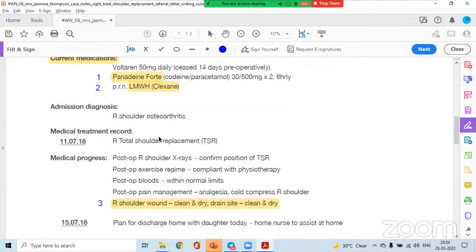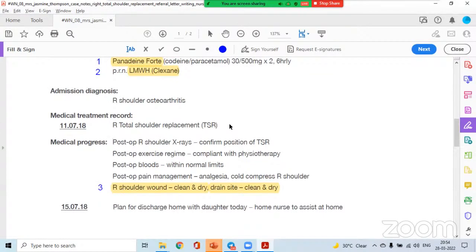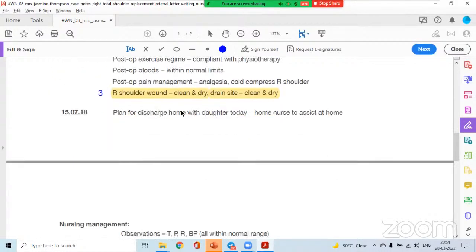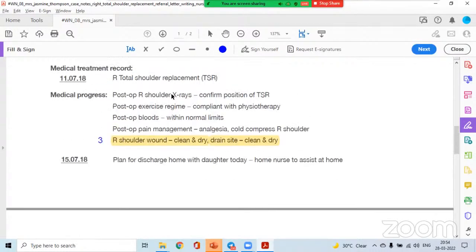So these are the most important things. Medical progress, medical treatment, what happened here, no need. Here we have seen already compliant with physiotherapy. We have already taken this one. Everything is perfect.